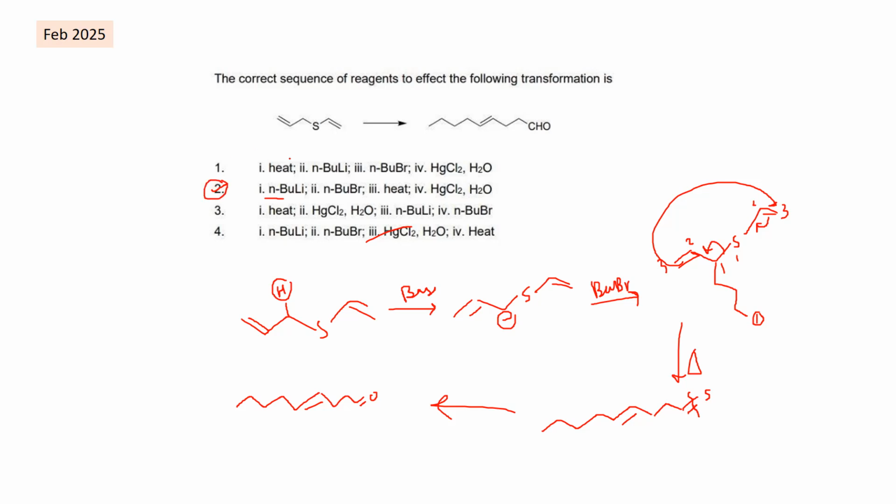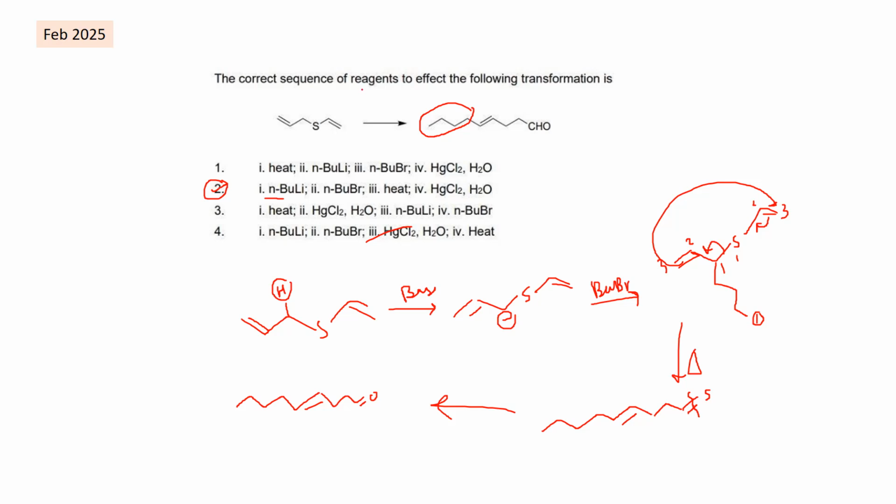Suppose you are adding heat in the first step, what will happen? If we just perform the sigmatropic reaction here, there will be no chance of forward reaction. We have to enter this 4 carbon in our product.